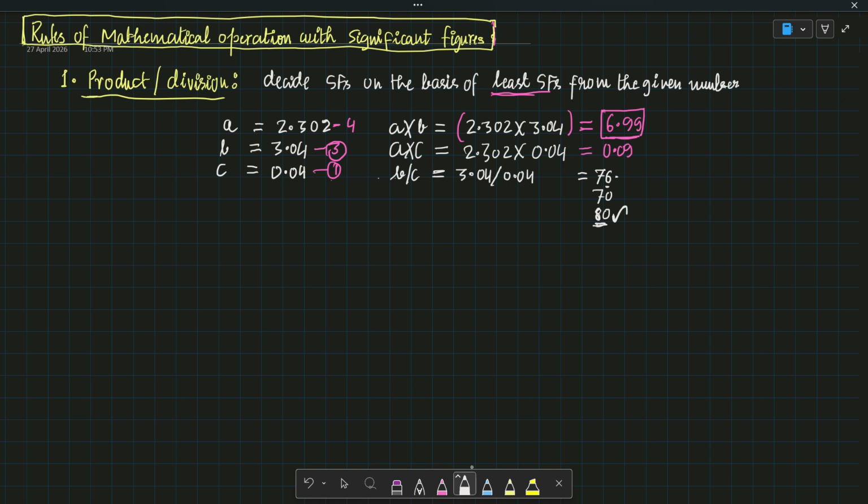So this should be the right answer. Hopefully we will not encounter this complexity always; most of the time it will be easy. So the least significant figure is the deciding factor in case of division and product.